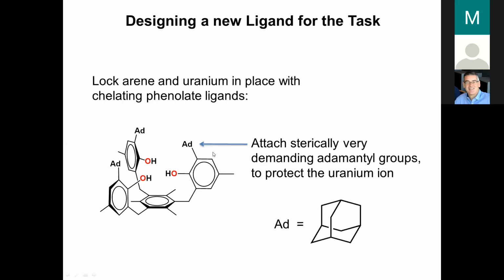And last but not least, it was crucial to the stabilization of the previously shown uranium(II) complex to have steric protection for this molecule, to prevent the potentially highly reactive uranium(II) ion from decomposition. For this purpose, we decorated adamantyl groups onto the phenolate ligands, which created sufficient steric protection.